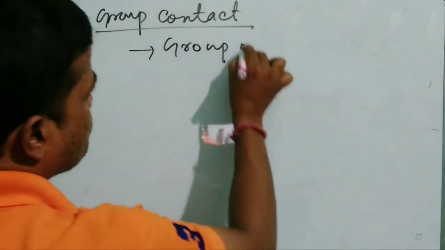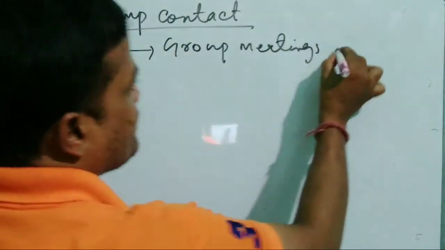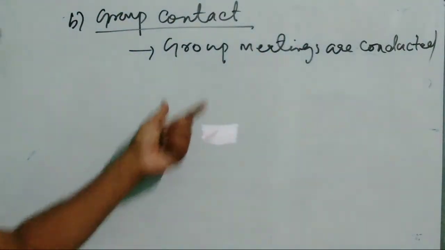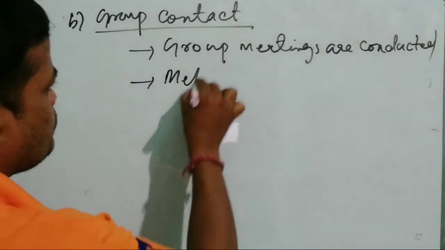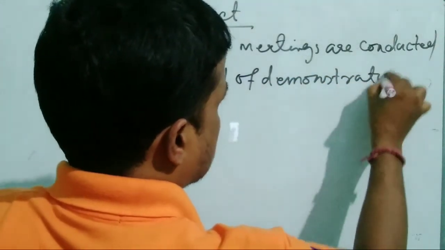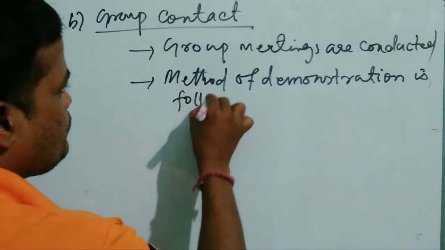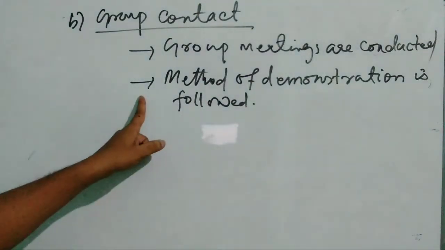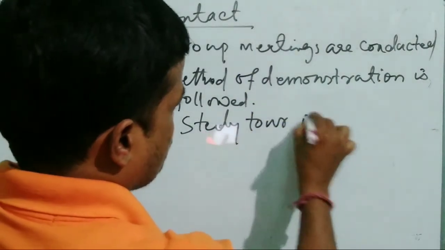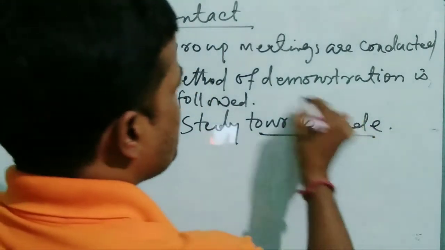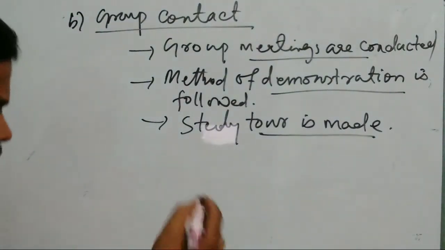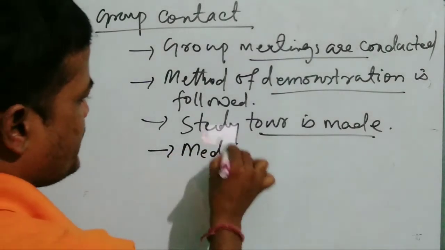Method demonstrations are followed. Study tours are made. Meetings, demonstrations, and study tours are what is called group contact. Farm forums also.